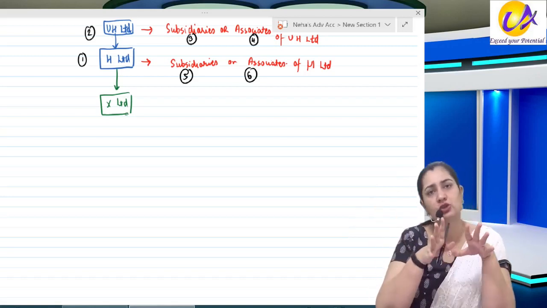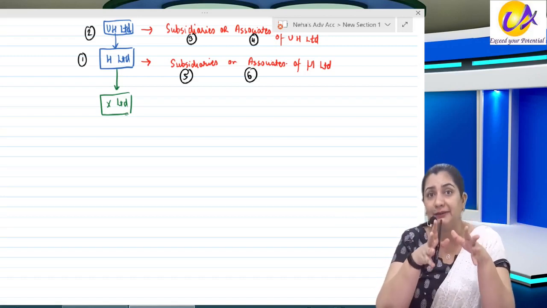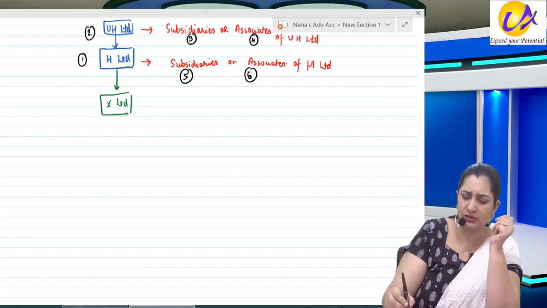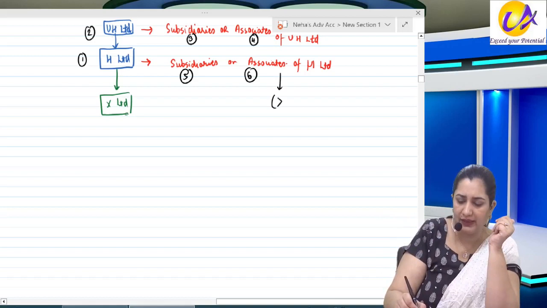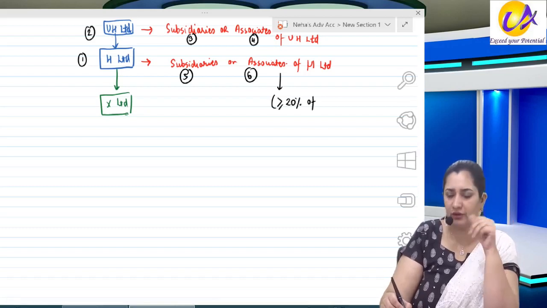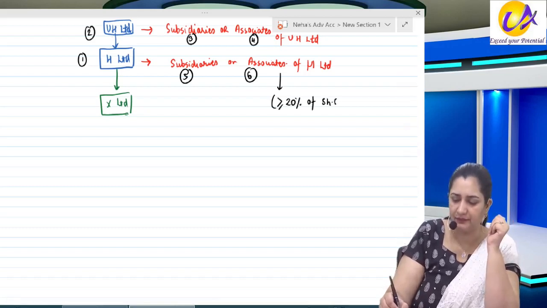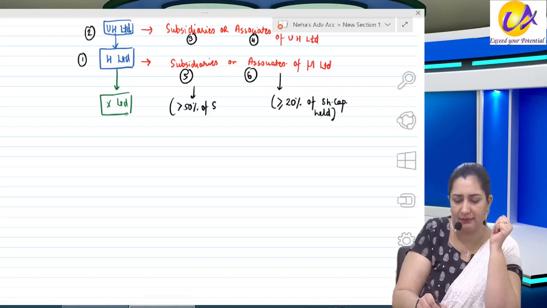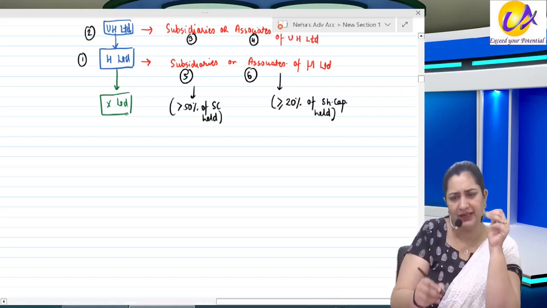Associate normally means where we are holding 20% or more of the share capital. And subsidiaries means more than 50% of the share capital is held, in the normal sense.